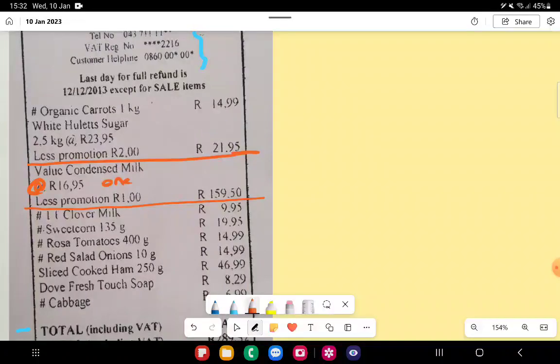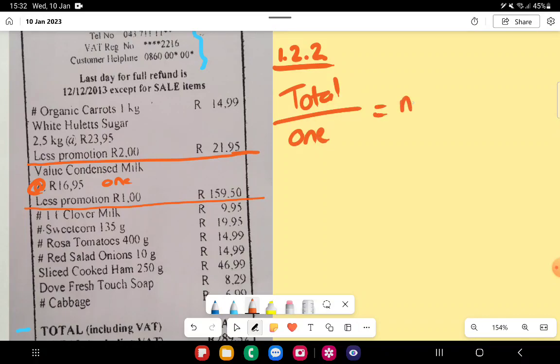Okay, how are we going to do this? We are going to say, this is question 1.2.2. If I want to know how many items a thing is, I normally say the total divided by the price for one gives me the total number, right?